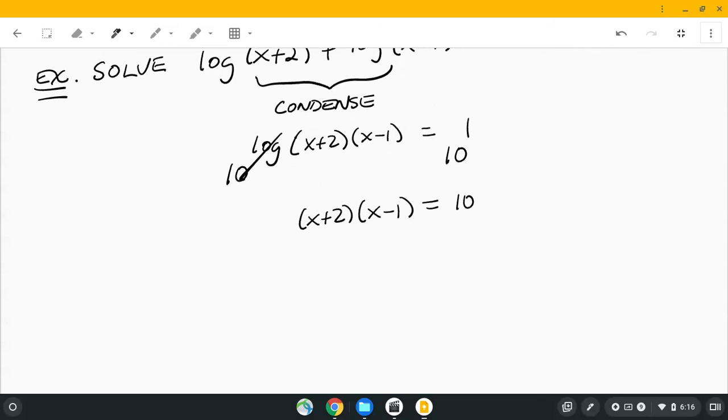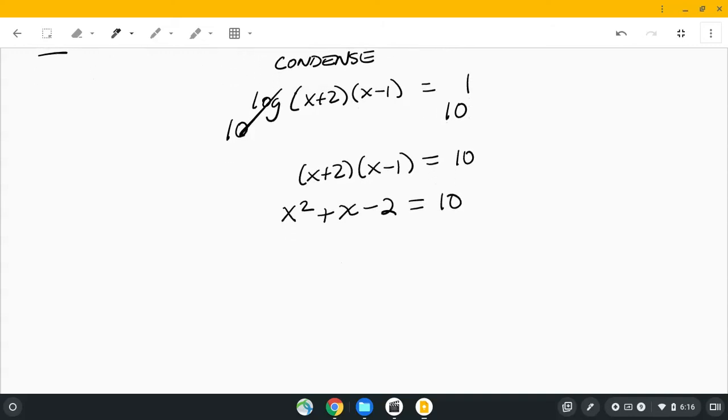Okay, I'm going to go ahead and multiply this out. So I get x squared. 2 minus 1 is 1x, and then minus 2. Okay, if you're not sure how I got this trinomial, you'll just have to go off to the side and multiply this out on your own. x times x is x squared. x times negative 1 is negative x. 2 times x is positive 2x. 2 times negative 1 is negative 2.